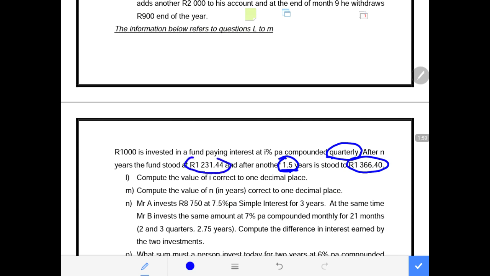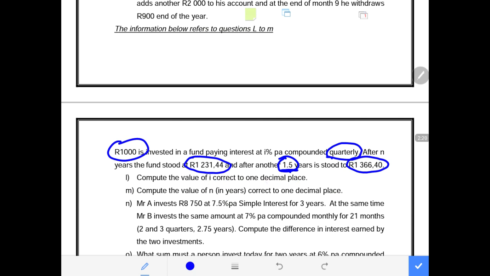Then we know that there was this 1,231.44, which initially, at the beginning, was 1,000 rands. But we don't know for how long it was invested for the first period where it became 1,231. Now we are required to compute the value of interest and correct it to 2 decimal places or round it off.